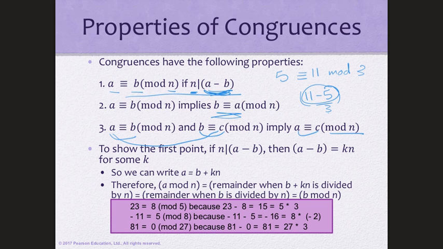Similarly, if I say, for example, that 11 is congruent to 5 mod 3, and 5 is congruent to 2 mod 3, these two relations are correct, right? 11 divided by 3 will give me a remainder of 2. 5 divided by 3 will give me a remainder of 2. Similarly here, 5 divided by 3 gives a remainder of 2, and 2 divided by 3 gives a remainder of 2. So these two are congruent, and these two are congruent. Then definitely 11 is also congruent to 2 mod 3. That's this relation.